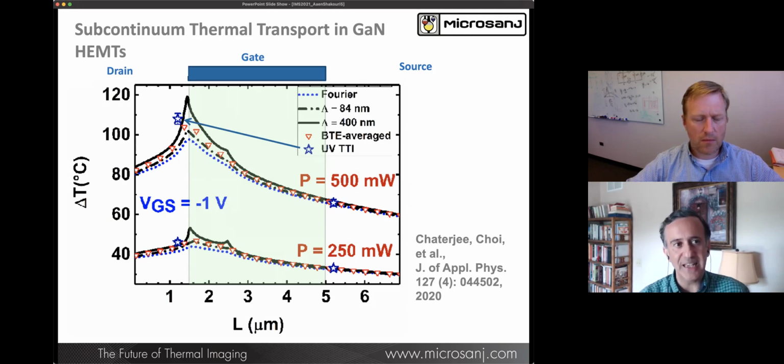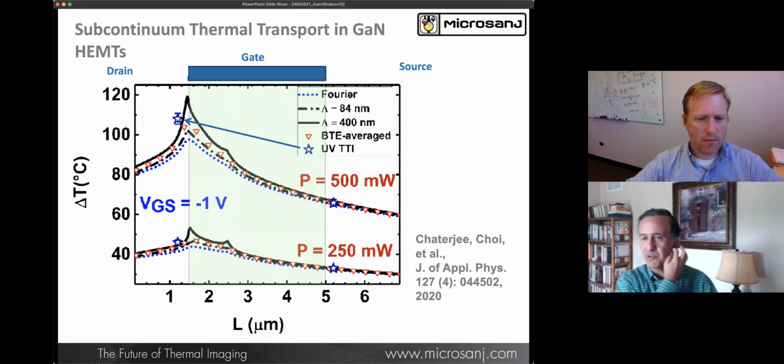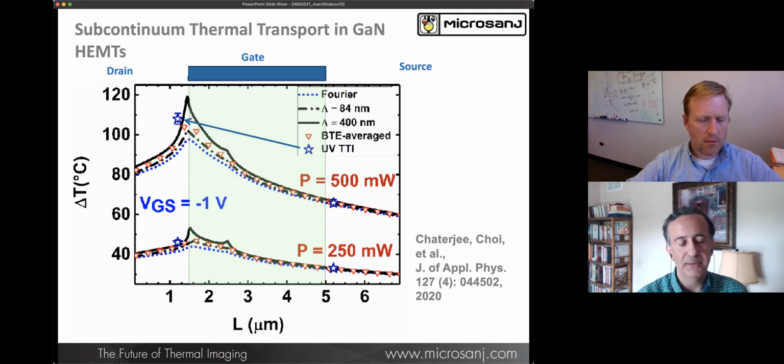So knowing in this case what happens under the gate between distances of 1.5 to 5 microns is quite important, and it also shows the advantage. One of the comments the paper had is that if you use Raman for the same device, you can also get a result in gallium nitride, but it is a volume average over a region of a few microns, so you cannot really get the peak temperature. So this is another advantage of this technique.